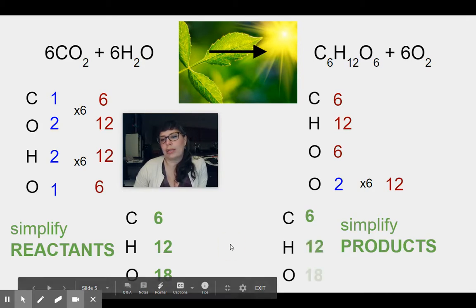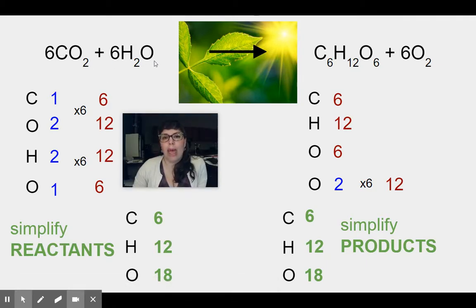Oh goodness, look at this. We have 6 carbon on both sides, 12 hydrogen on both sides, and 18 oxygen on both sides. So this means that it's balanced. The amount of matter that started out before the chemical reaction is the same amount of matter after the chemical reaction.